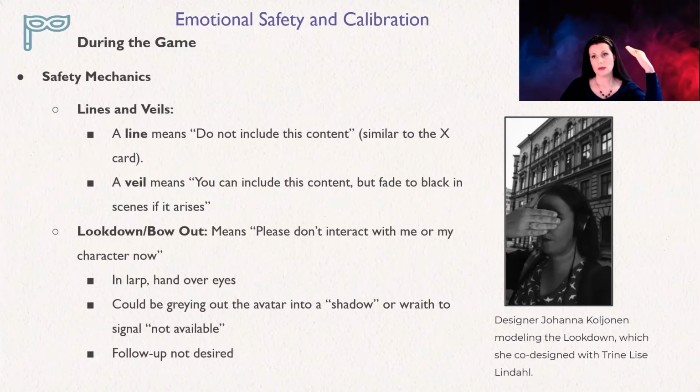But they could also be leaving a scene or coming into a scene. So please don't treat my character if they just entered the scene. Don't interact with me until my hands are down. This can be super helpful when you need to slip away or slip in late or something like that. You don't want to make a big deal about it in play.